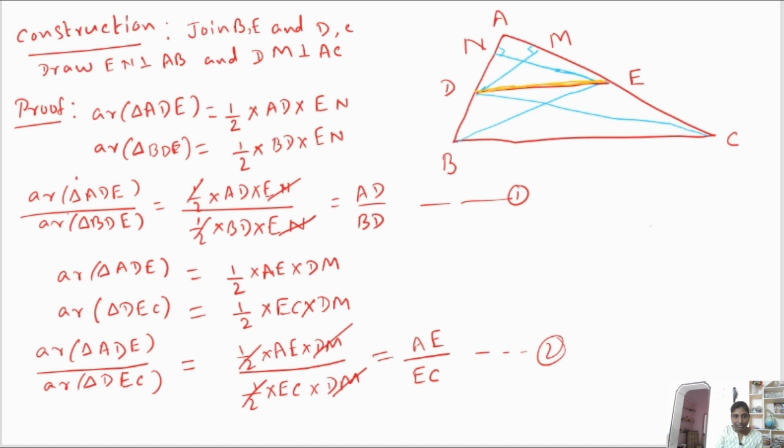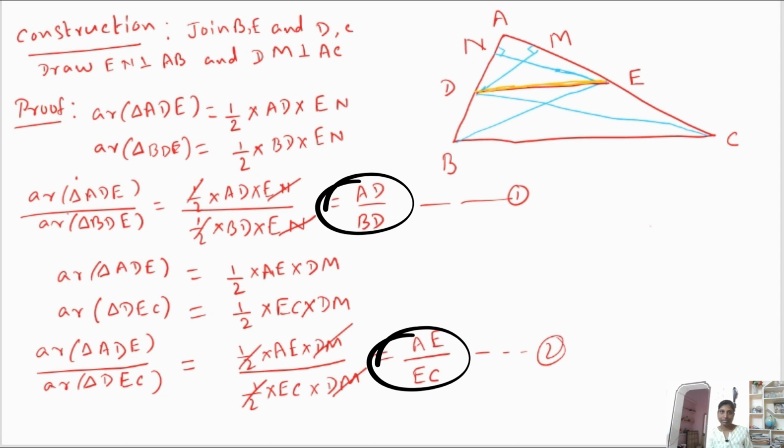It means the denominators are equal. If the denominators are equal, then in both the equations the left hand sides are equal, and automatically the right hand sides will be equal.